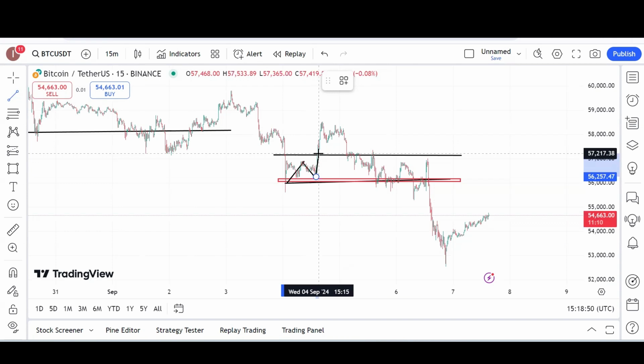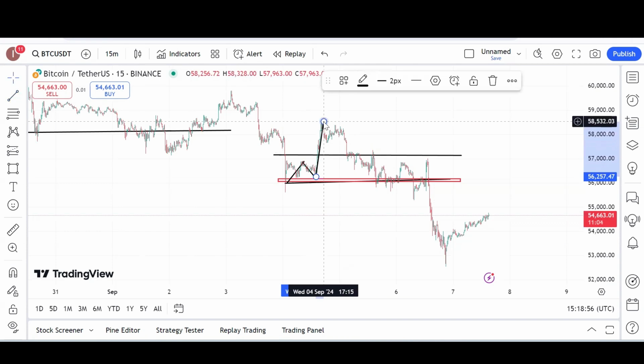Now you can see it breaks its resistance and reaches 58,532. From 58,532 it hits again, and the resistance changes into support. If on any chart the resistance is broken, then this resistance changes into a support level.